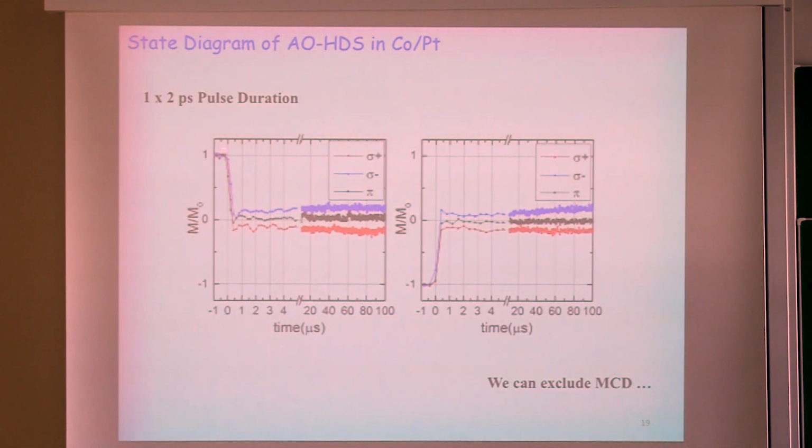What you observe is that for a given fluence, if it's linear, you totally demagnetize. If it's one helicity, you have 10% switch in one direction and 10% switch in the other direction for the other helicity. Sorry, 10% in possibility or 10% in the area? 10% of the area.